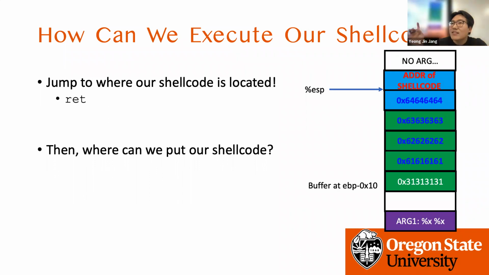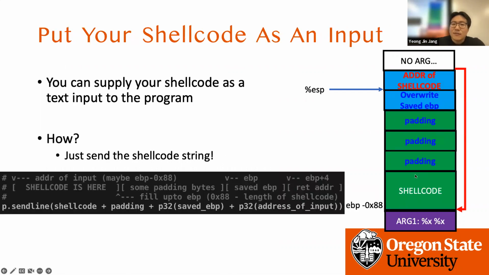The next challenge is that after writing the shellcode, you want to know how you can put the shellcode in and then run it. To do that, we need to get the address of the shellcode. The first thing is that we are writing into the buffer, so one of the places you can put your shellcode is the buffer itself. We will fill the buffer from here to, maybe I can use the laser pointer, from here to there.